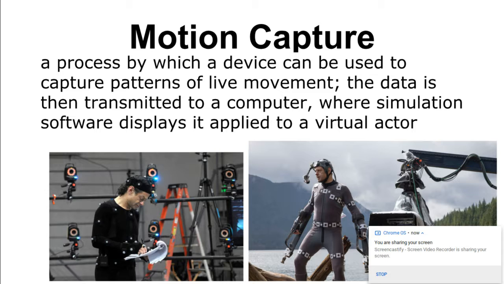And they are outfitted with a suit that a lot of times will have these markers, these little balls on them. Those are reference points that go into the computer as a kind of skeleton or frame that then is used for the models created in the computer.